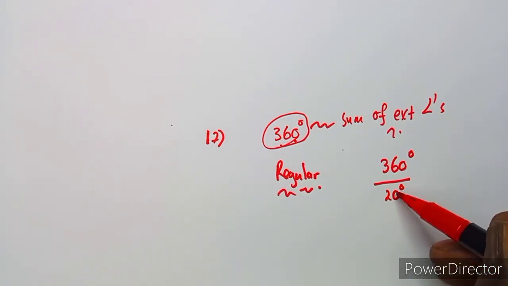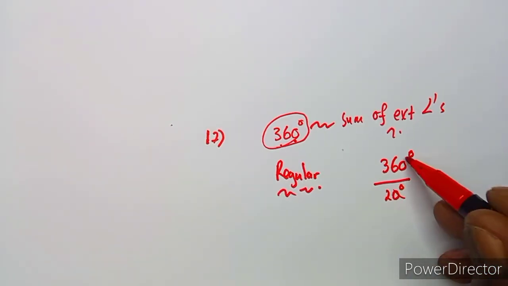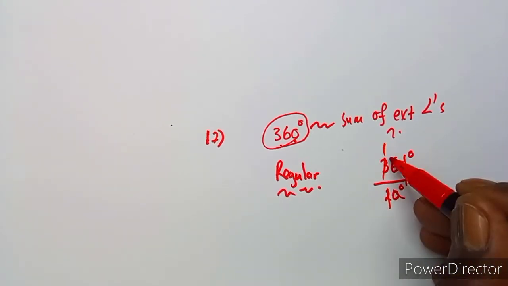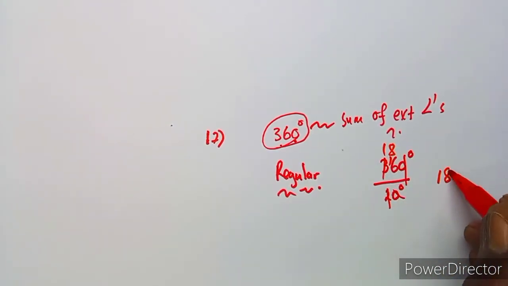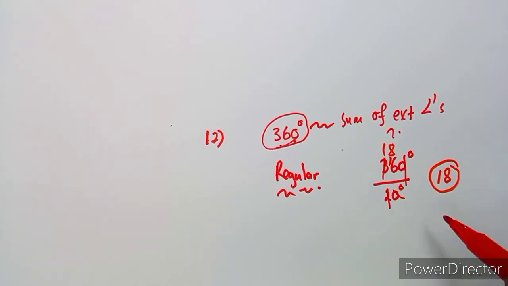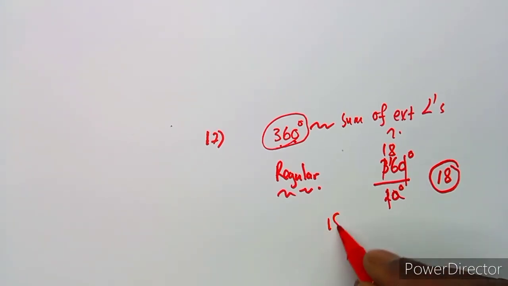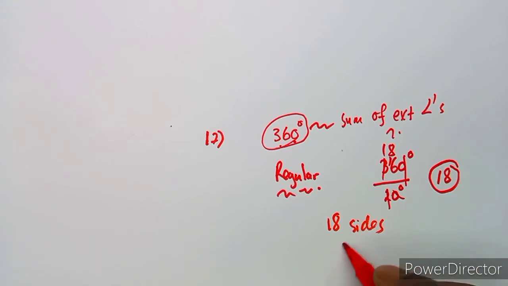So that's going to be 18 if you divide properly, because that's a 0 here, 2 into here, that's 1, which is 18. So there are 18 angles that we are talking about, and definitely a figure can have 18 angles, which means it has got 18 sides, because you can't say a polygon has got 18 angles and 20 sides. It's very, very impossible. So that means definitely we've got 18 sides.